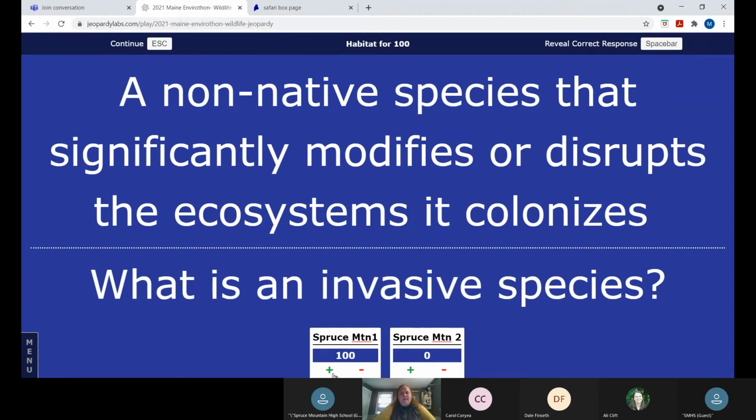We can have some native species that are invasive, but the ones we're always most concerned with are the ones that are not native to the area.